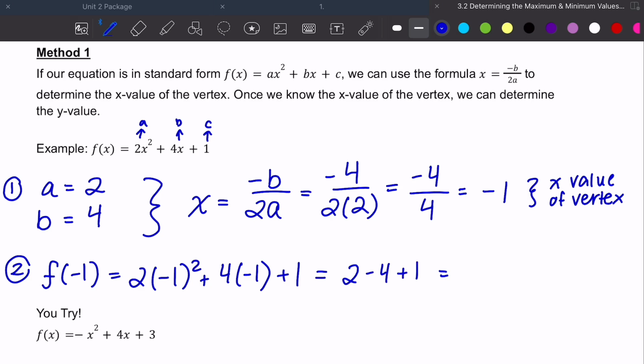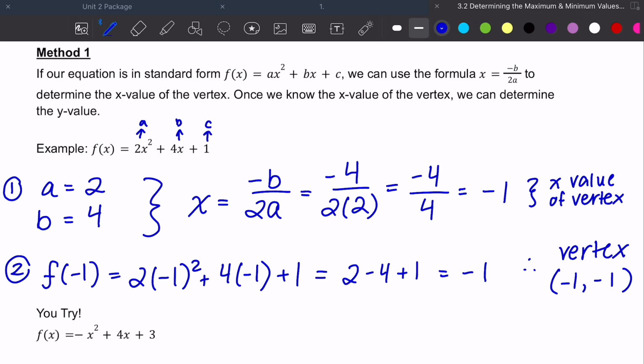So I think this is negative 1 altogether, because 2 minus 4 is negative 2, and then plus 1, negative 1. So therefore, our vertex is (-1, -1). Right, so quick formula using a and b, and then just plug whatever value you find into your equation, and that's your y value, and that's the vertex.